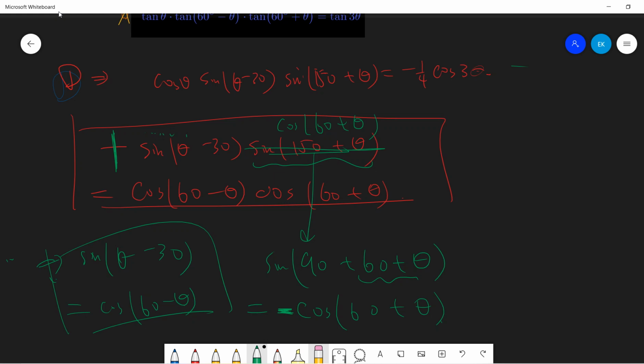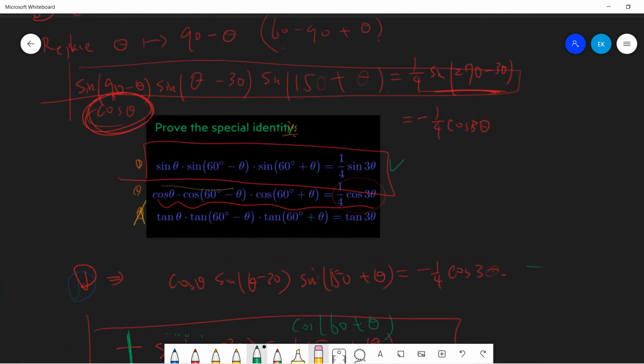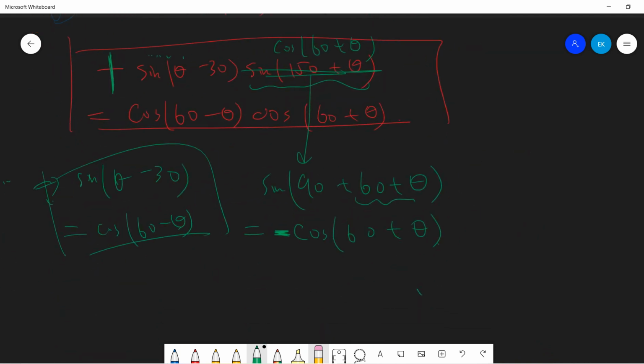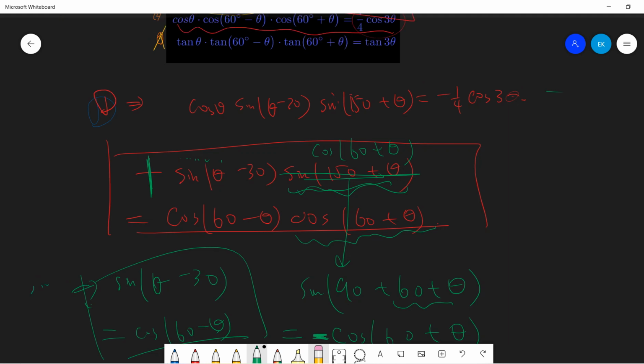And then this is trivial because cosine in the first quadrant is positive. So if theta is, let's see, is it correct? Yeah, so this term will exactly be this term. If theta is 0, then they should be the same. So we finally only need to show that sine theta minus 30.